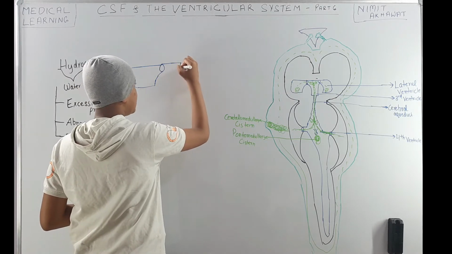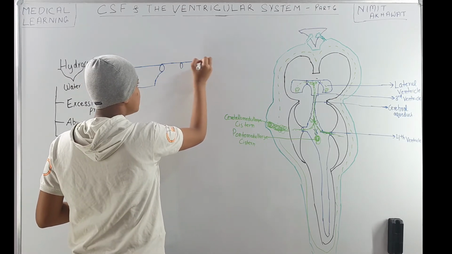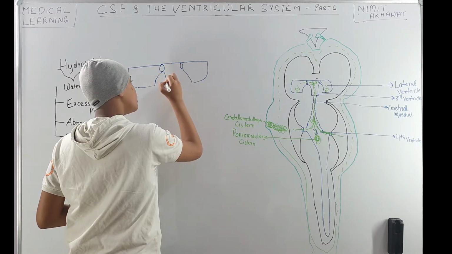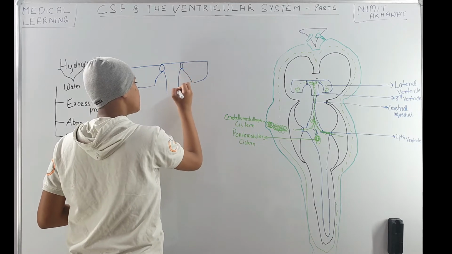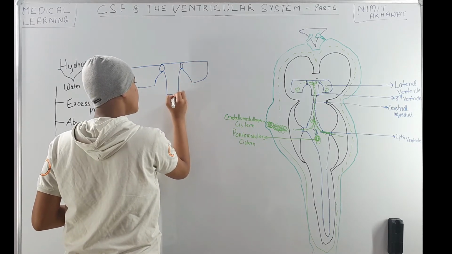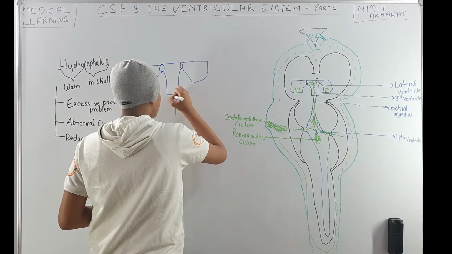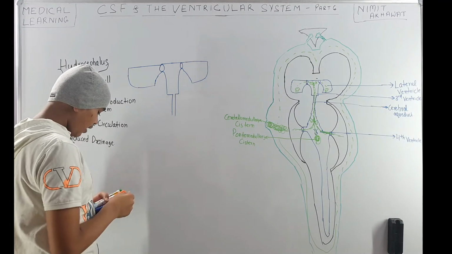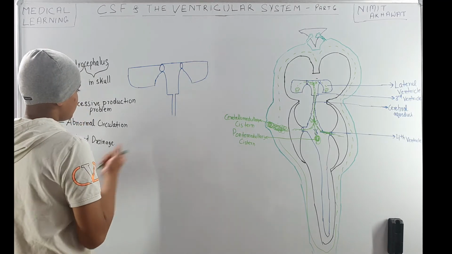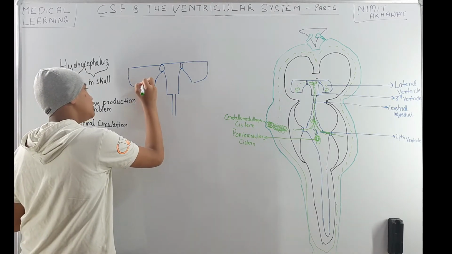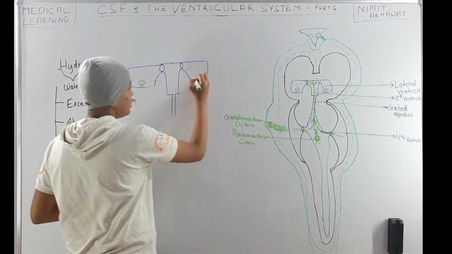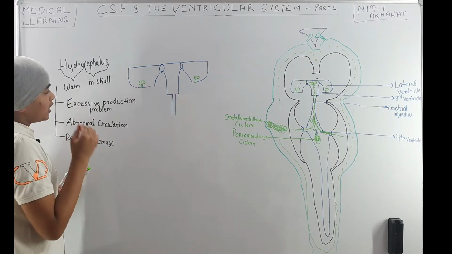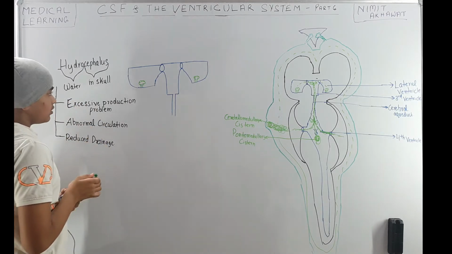Here is the lateral ventricle and the third ventricle. And the cerebral aqueduct forming the fourth ventricle. Now, the choroid plexus present in the lateral ventricle produces cerebrospinal fluid. Sometimes a tumor develops in the choroid plexus.